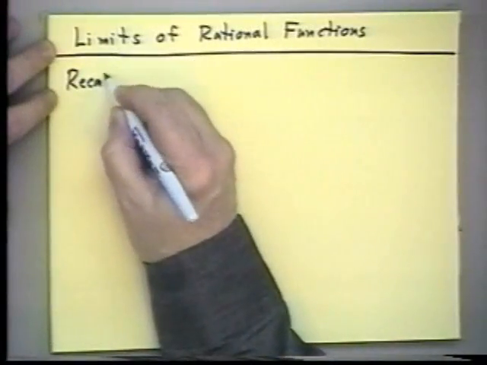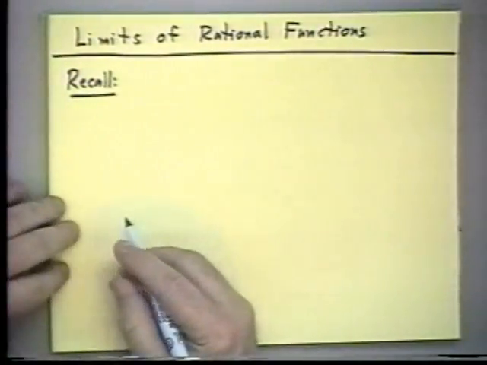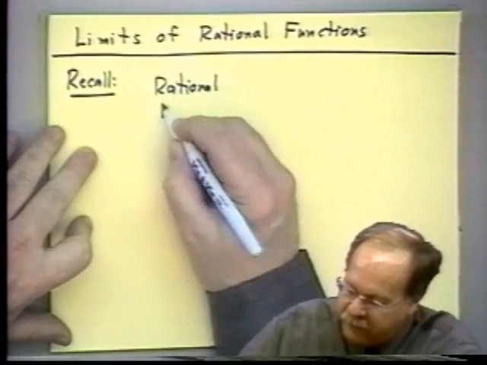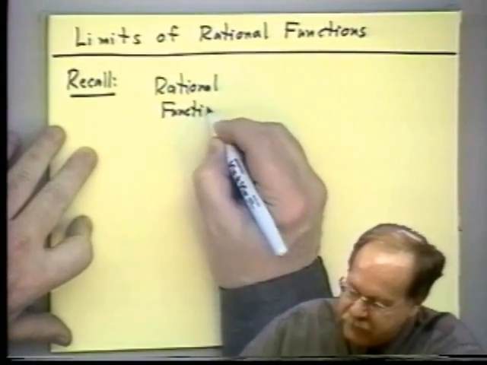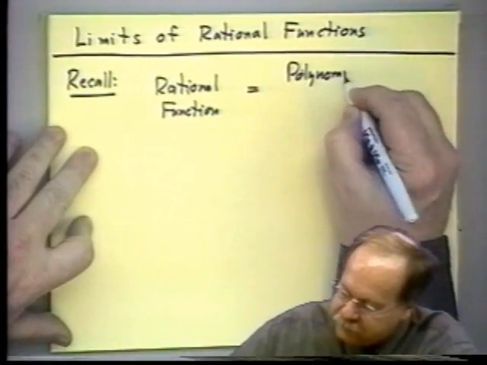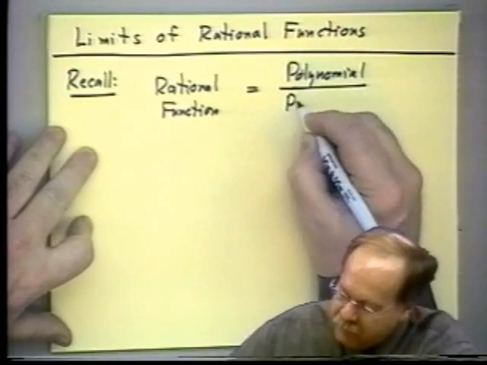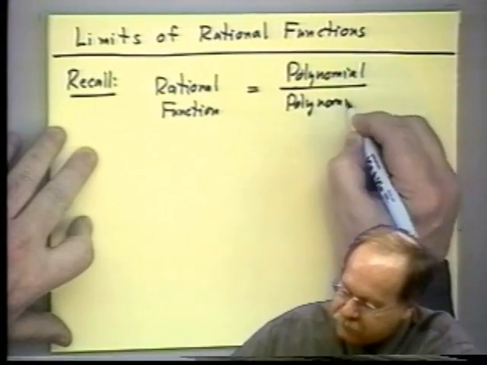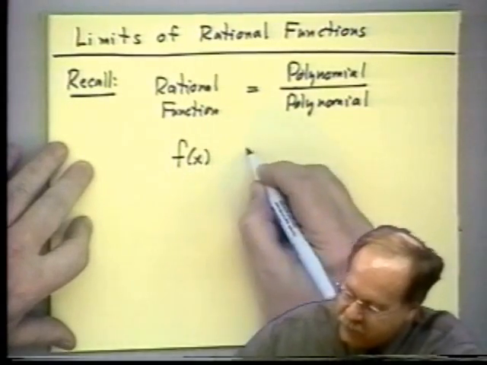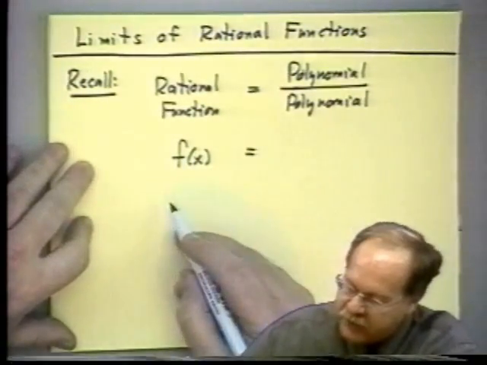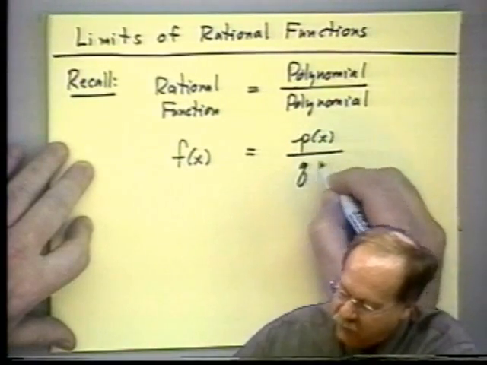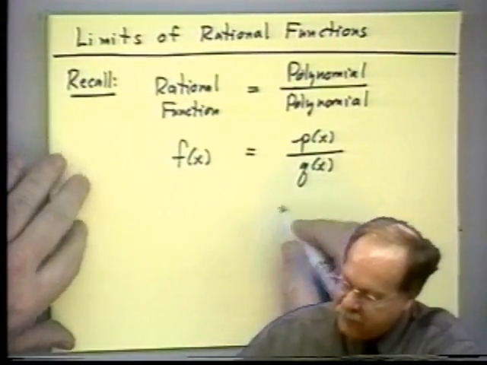So, to begin, let's recall what a rational function is. Just to be absolutely clear, a rational function is equal to a polynomial over another polynomial. So if you write it out using functional notation, if I call the rational function f of x, I can think of it as a polynomial p of x over another polynomial q of x.